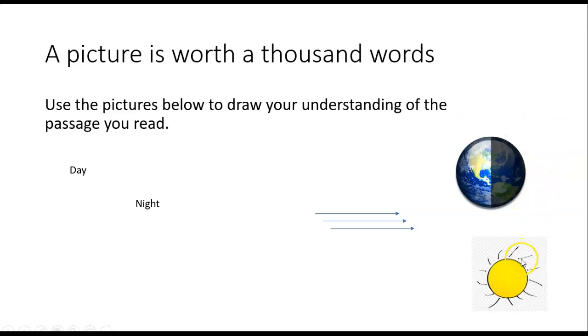Chances are a student might put the sun on the other side where there is night rather than this side where there is day. But I'm hoping that both of the students would put the sun in the right space and the arrows to show where the sun is hitting. And then they would use the words here to put on either side to say day or night.